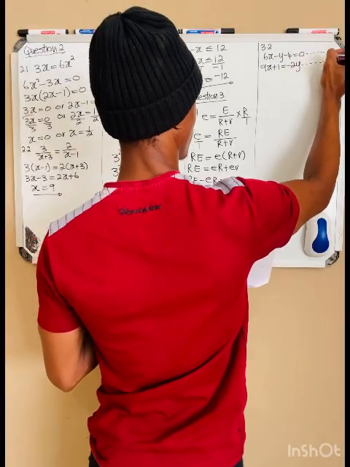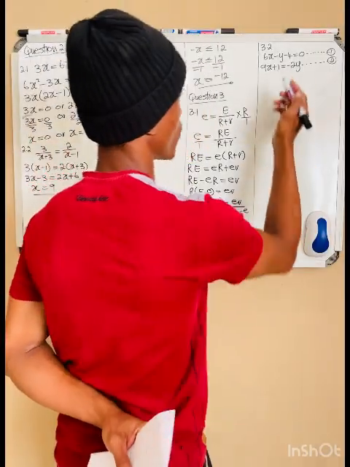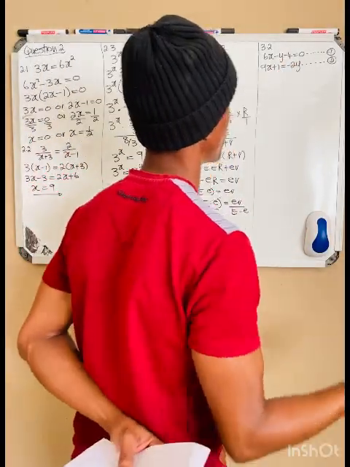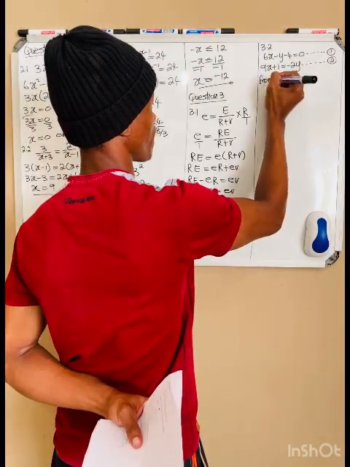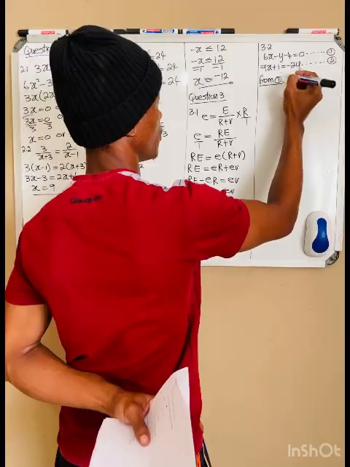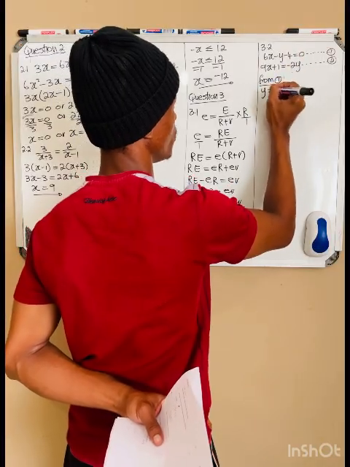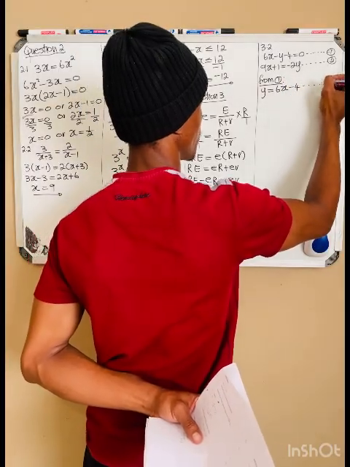We'll say this is equation number 2. We need to solve for x and y simultaneously. Equation 1 is the simplest, so I'm going to make y the subject of the formula to avoid fractions. Taking y to the other side, y equals 6x minus 4. This is my equation 3.